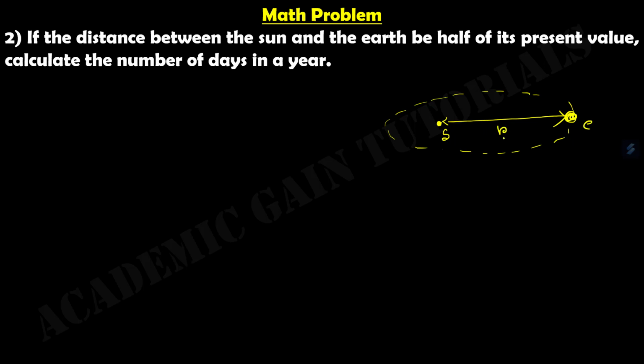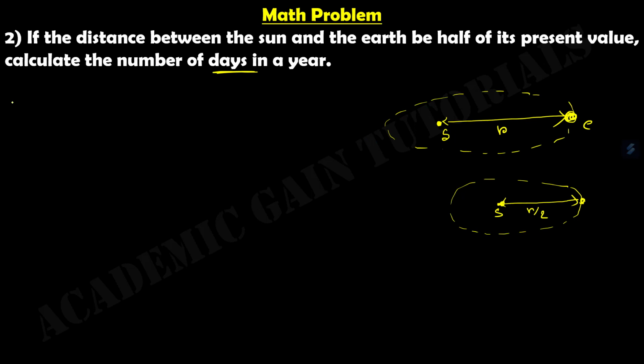Suppose this distance is r. The given concept is that this distance now becomes half. So if this distance becomes half, then we have to calculate the number of days in a year.